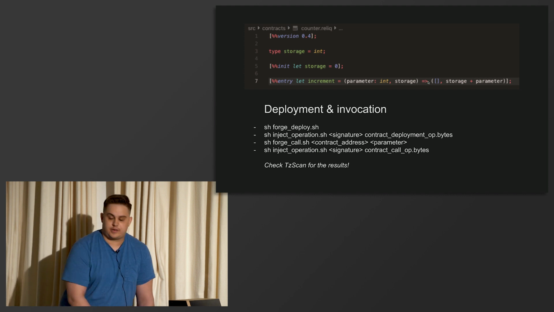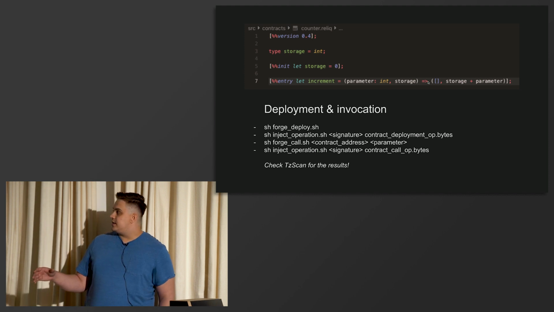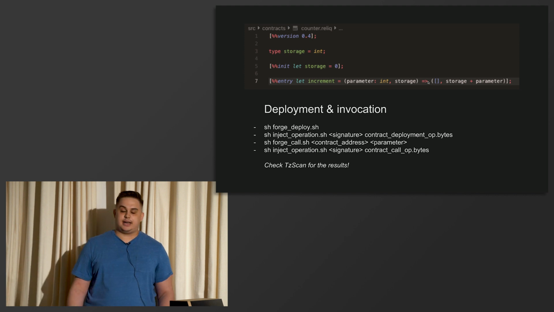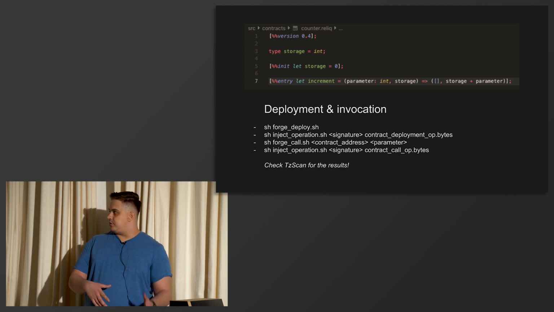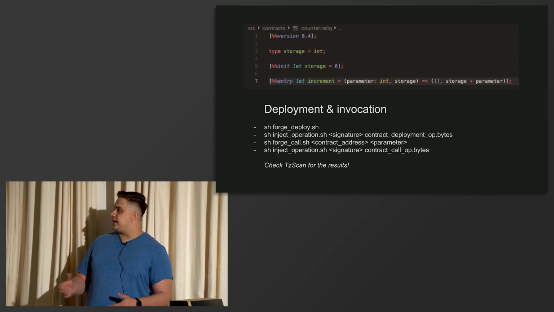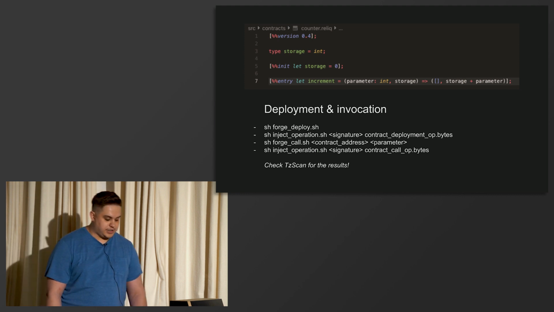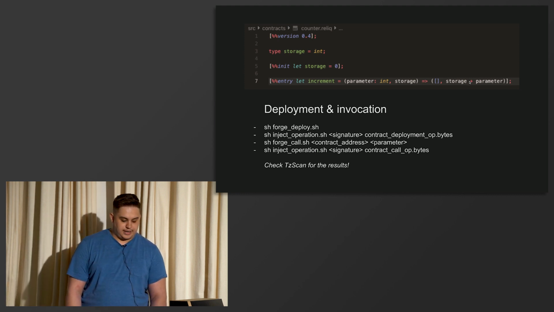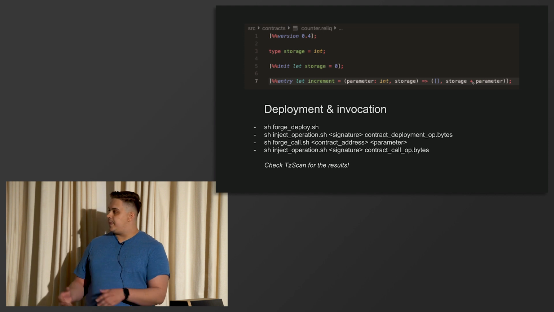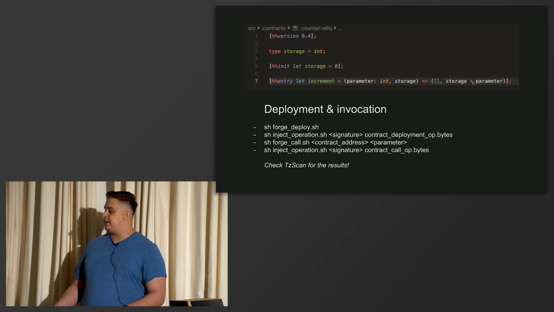The body of our entry point returns an array of operations that we want to apply on the blockchain in the form of transactions, which in our case is an empty array, because we are not applying any additional operations. We are just updating the storage by summing up the current storage and the received parameter.